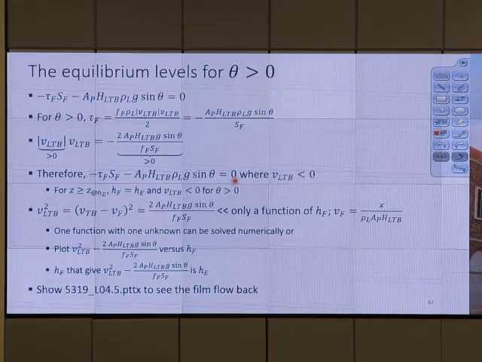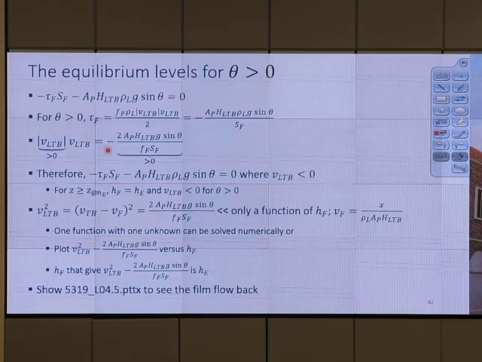At that location, I substitute the value for tau in, which is this one, tau equal to minus A_P over S_F. I substitute the value in and I show you that at equilibrium liquid height, V_LTB is negative. Negative means it's in the negative z direction, so it's flow in the same direction as the flow at equilibrium liquid height.